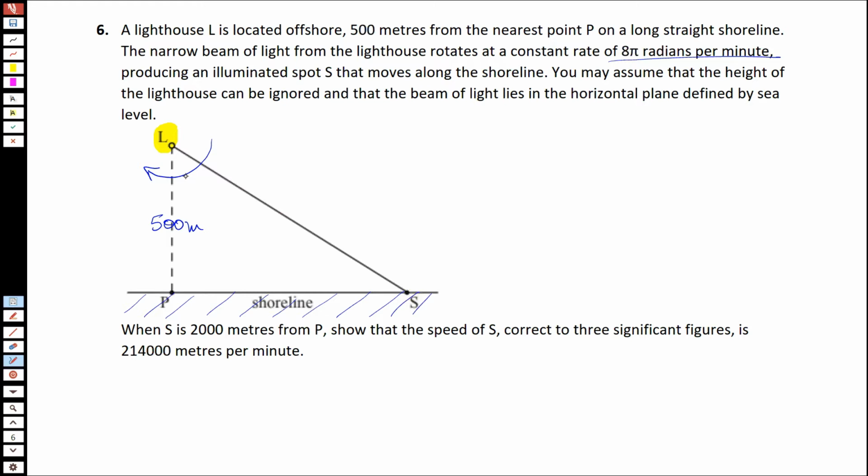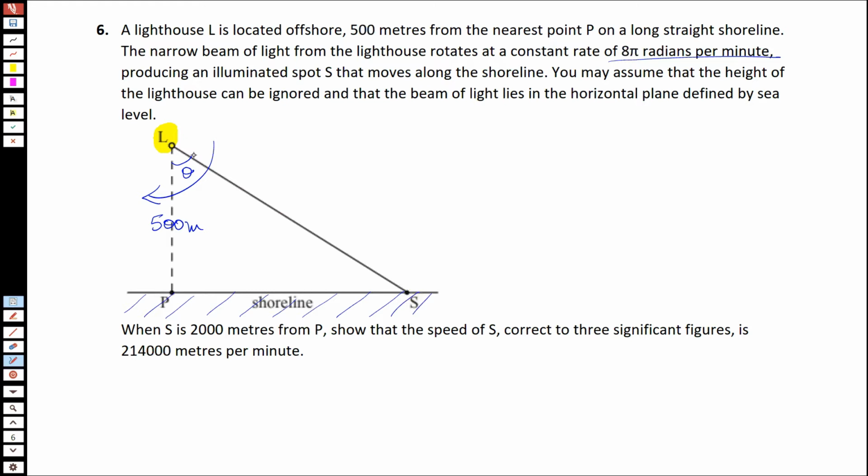So that's the rate of change of this angle. Suppose we have an angle here, let's say theta, this rotation going like that. So the rate of change of this angle theta is 8 pi radians per minute.